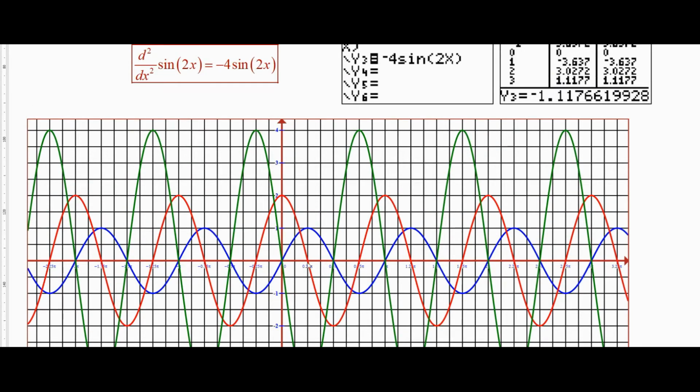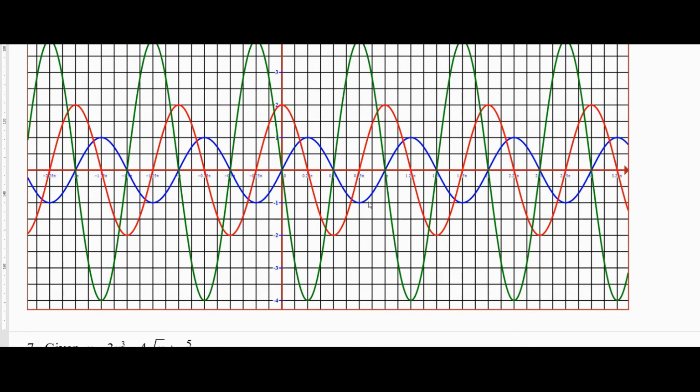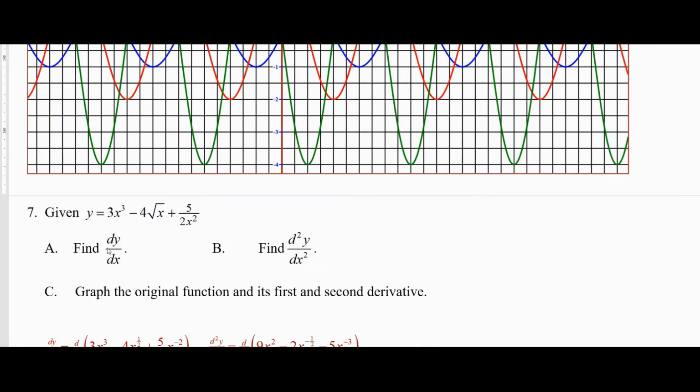When the derivative is positive here, the original function is increasing. When the derivative is negative, like say in here, the original function is decreasing. When the second derivative is positive, like across this part, the original function is concave up, and so forth.